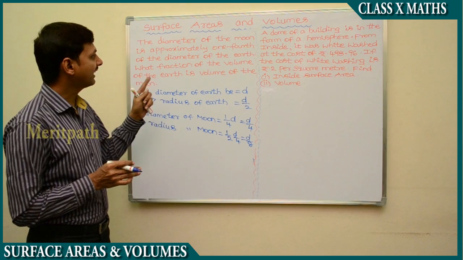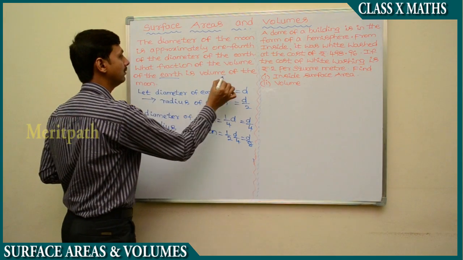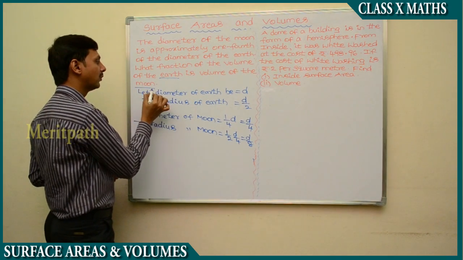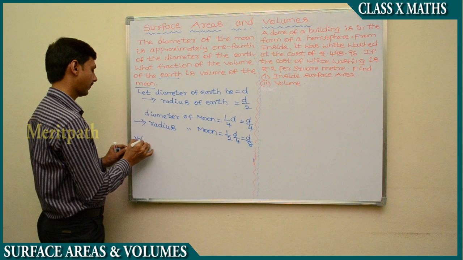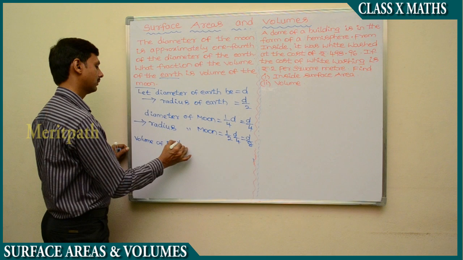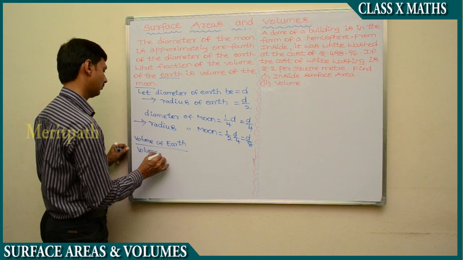So what fraction of the volume of the Earth is the volume of the Moon? So first Earth and Moon, volume of Earth divided by volume of Moon.